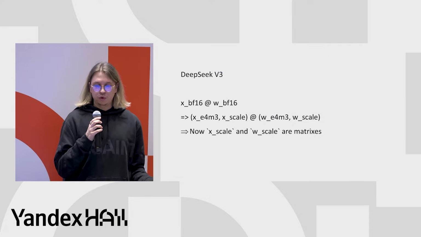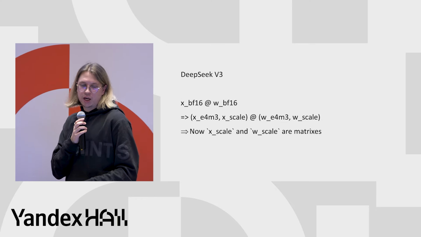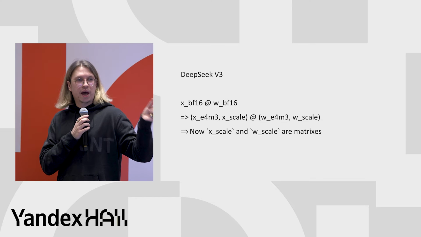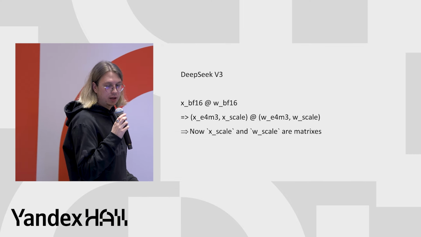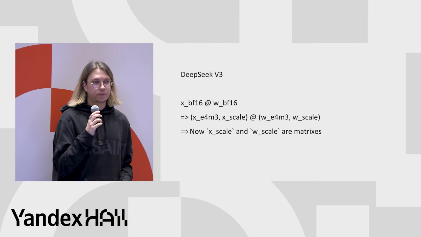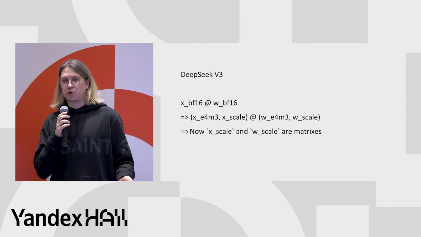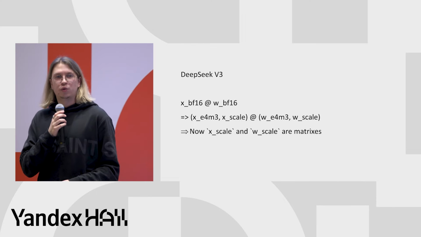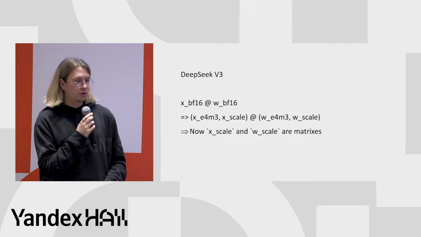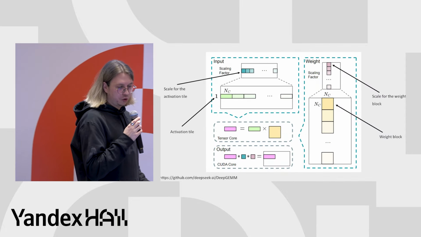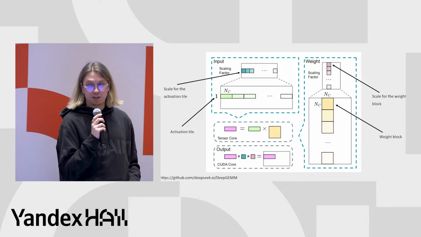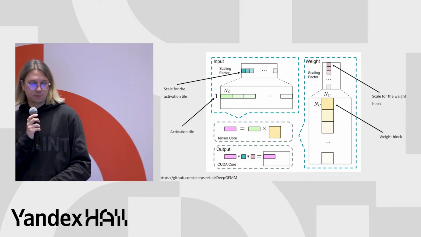Whenever you do this, you now have to be able to multiply the FP8 activations and a matrix of scales by a weight in FP8 and a matrix of scales for the weight. And basically there is no known way to do this efficiently, so throughout the open source week that happened last year, DeepSeek also open sourced a library called DeepGEMM, which is available on GitHub.